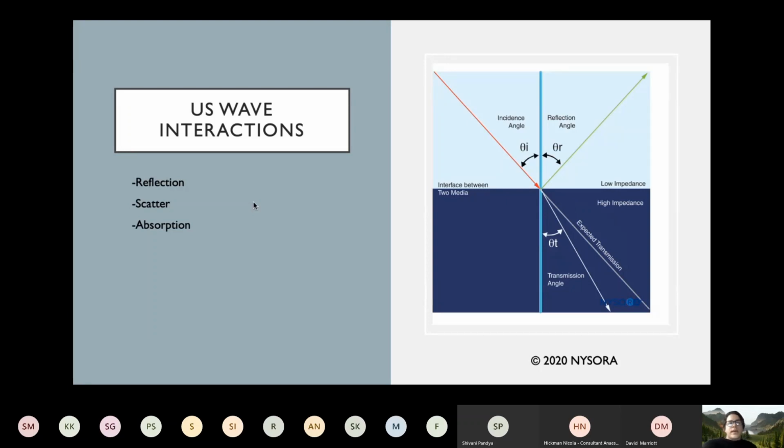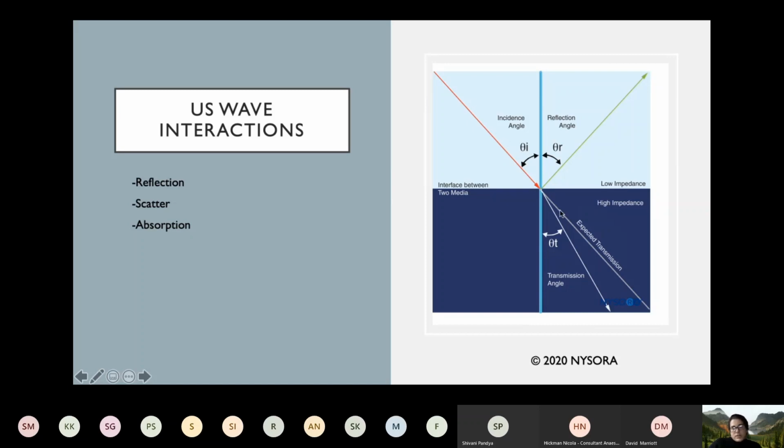There are lots of different ways that ultrasound waves can be attenuated. This picture on the right illustrates what happens when an ultrasound wave hits the surface between two different tissues. Say the one on top is low impedance and the one below it is high impedance.